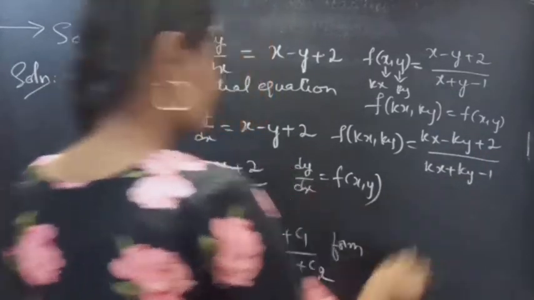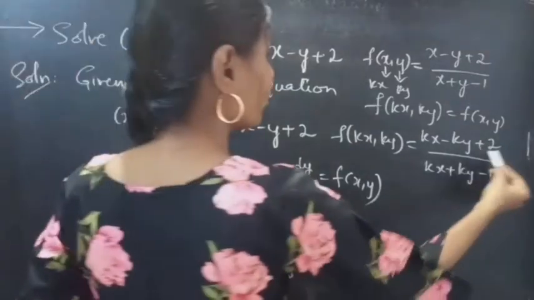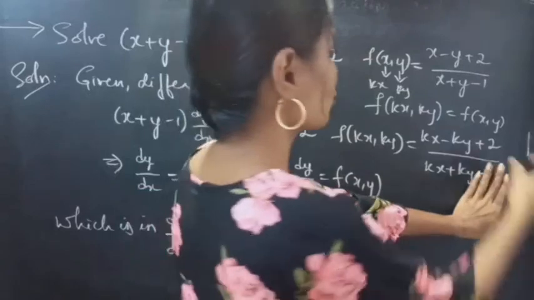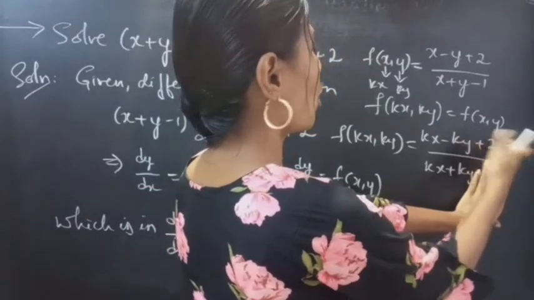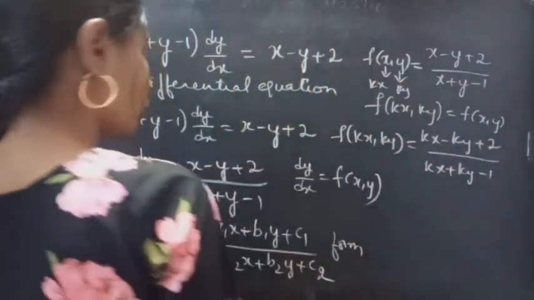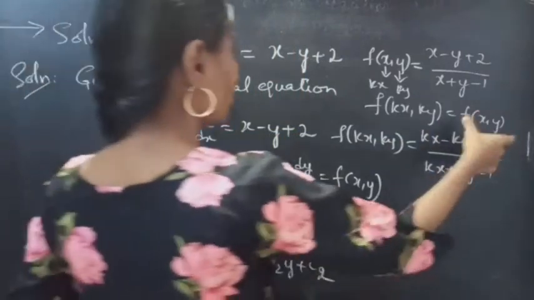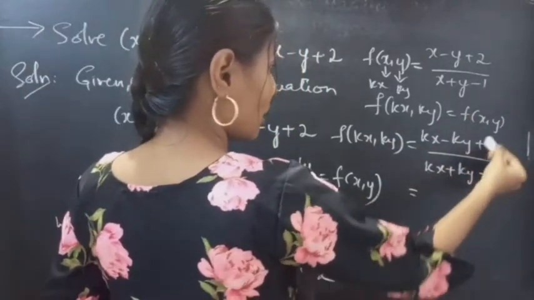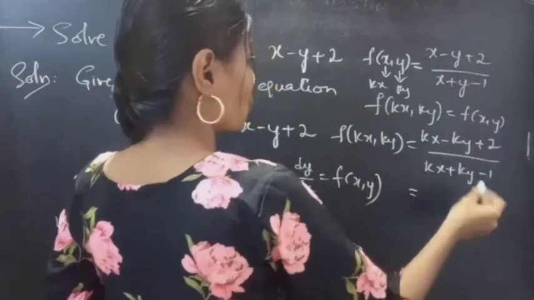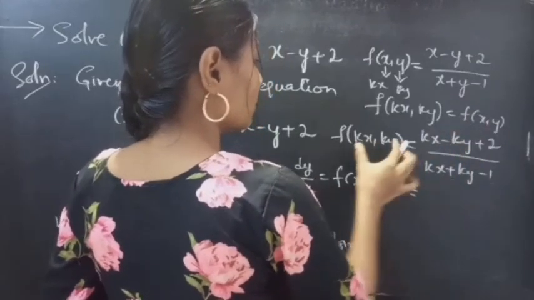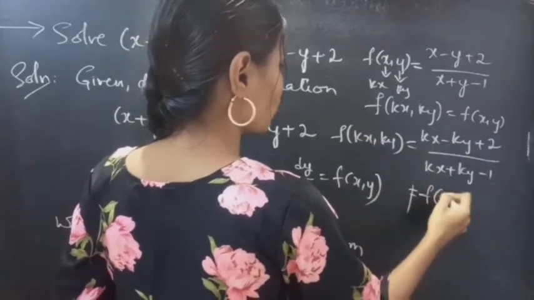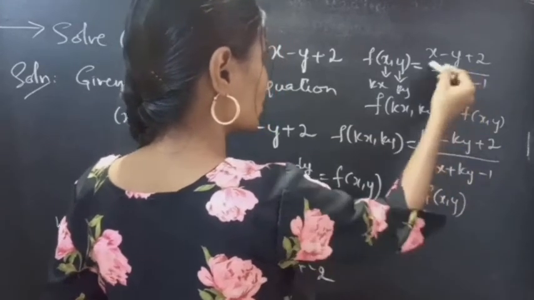So from this we can say that since you are having constants, if you don't have these constants, then simply you can take k common and cancel k from the numerator and the denominator, then we'll get a function of x, y in some cases. But in this case, we are having constants, so we can say that f(kx, ky) is not equal to f(x, y). See, f(x, y) does not involve any k.